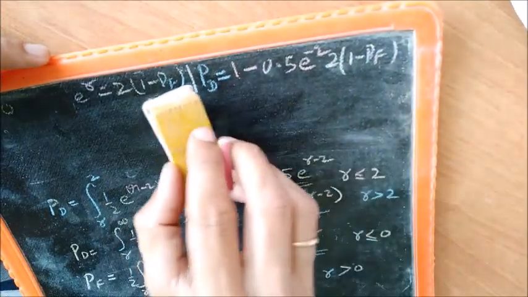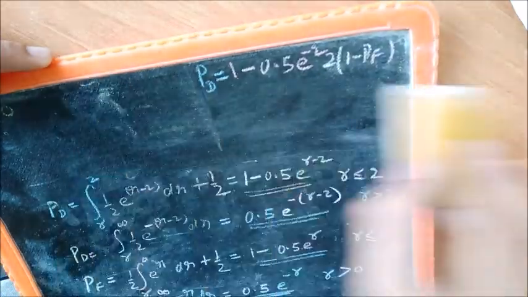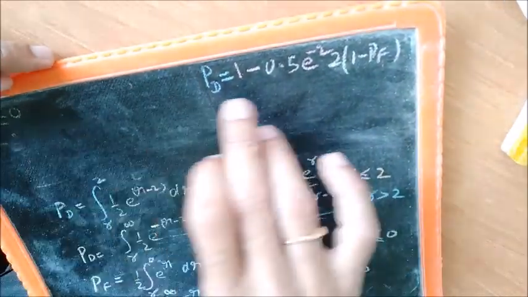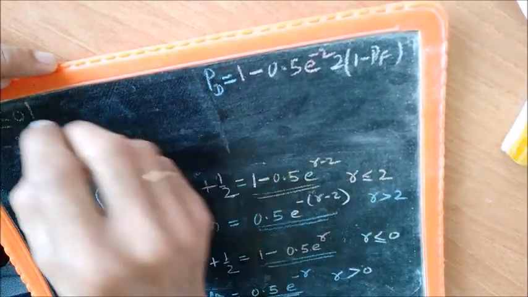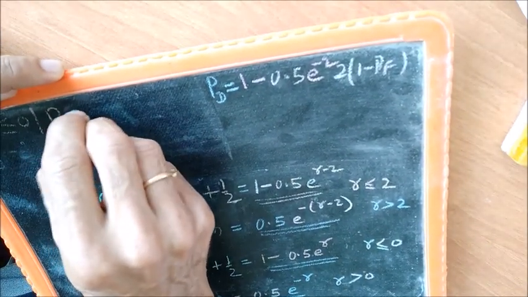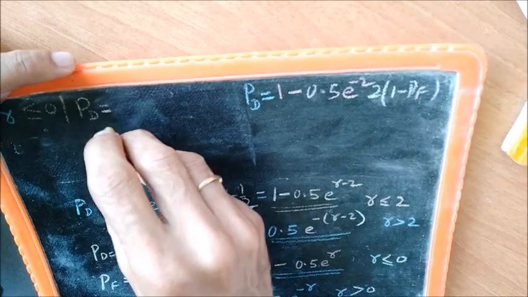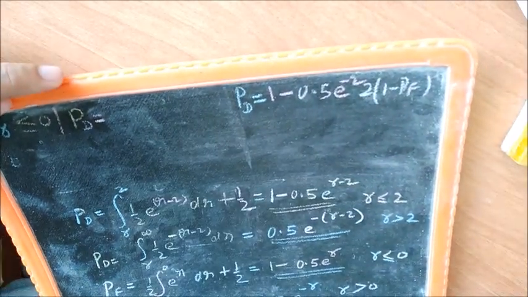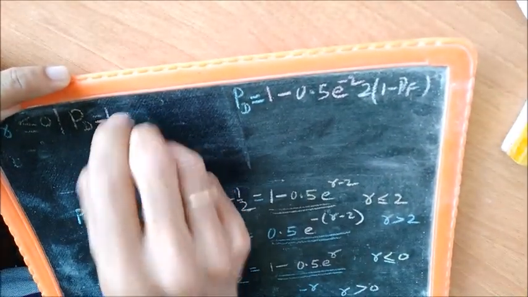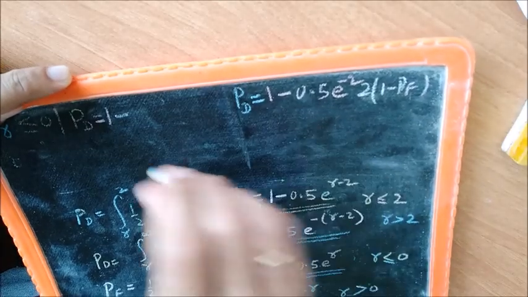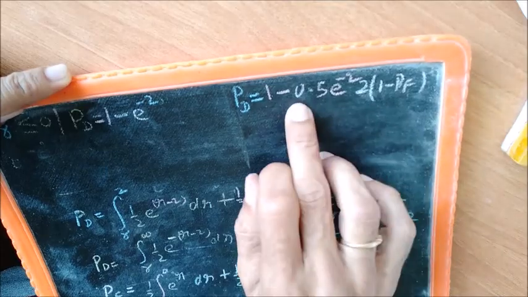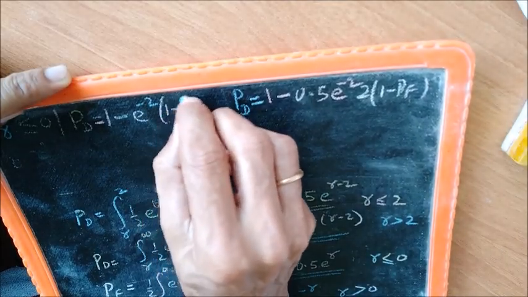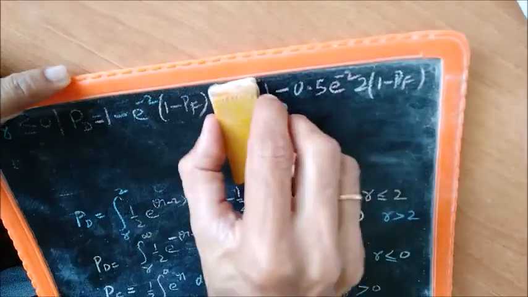So this is the probability of detection when gamma is less than or equal to 0 as a function of PF. So PD is equal to 1 minus, 2 into 0.5 will be 1, so e power minus 2 into 0.5 has become 1 minus PF.